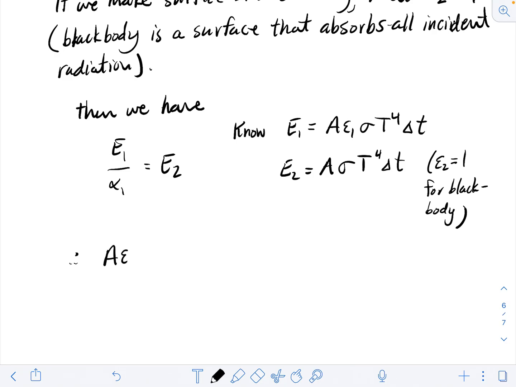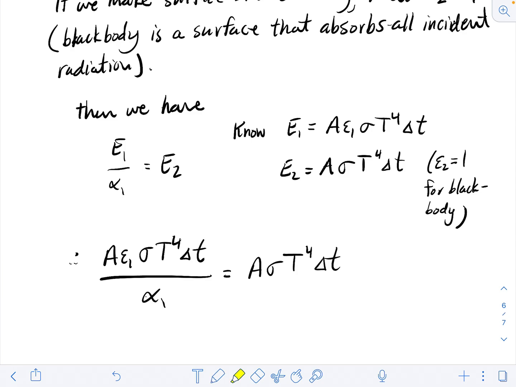Okay, so what that means is therefore A epsilon 1 sigma T to the 4th delta T is E1 divided by alpha 1 is equal to E2, so that's A sigma T to the 4th delta T. And so there's tons of cancellation here. We said we were going to make the areas the same.